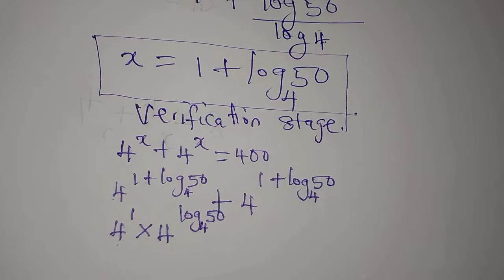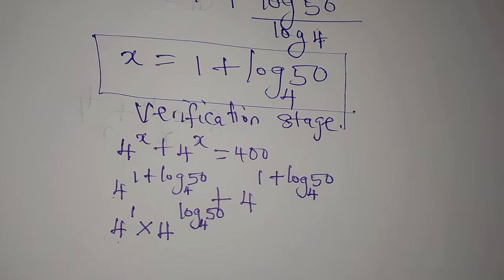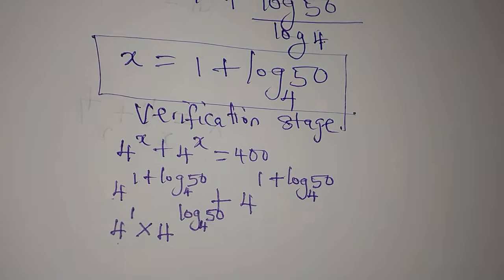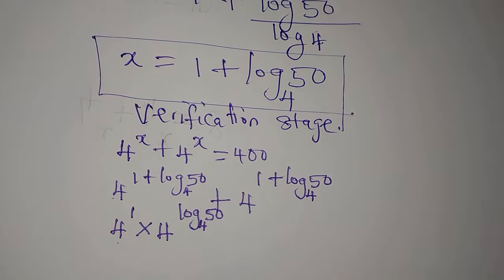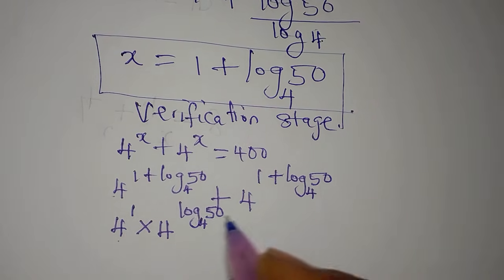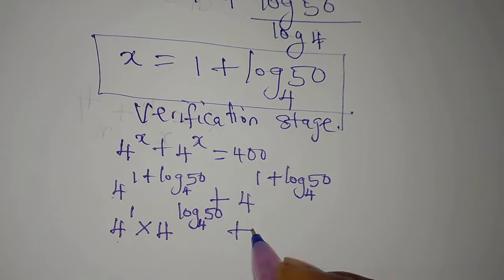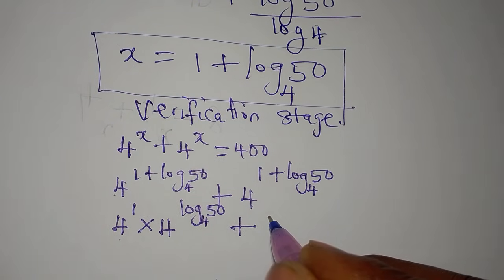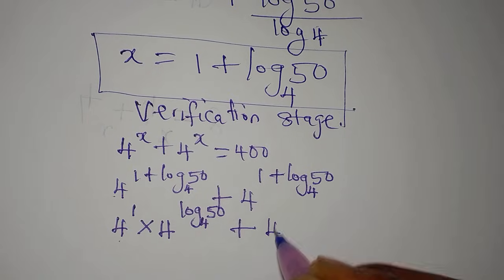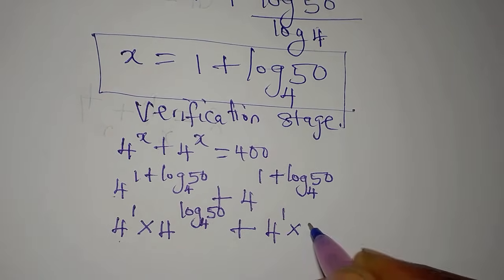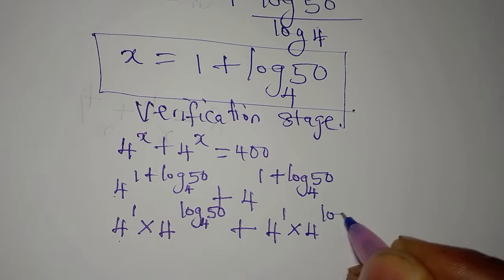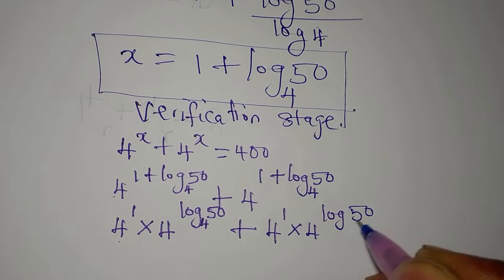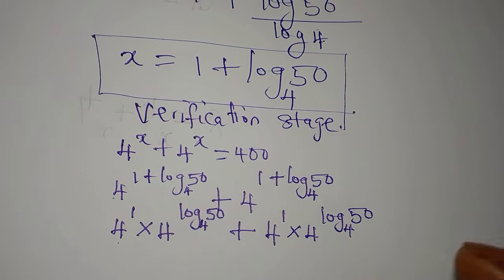And that's one of the laws of indices. If you're multiplying, pick one of the bases if they are the same, and then you add their powers. That's what I've done here. Then the same thing that I've done here should reflect here. So here now we have the same 4 to the power of 1 multiplied by 4 to the power of log 50 to base 4.